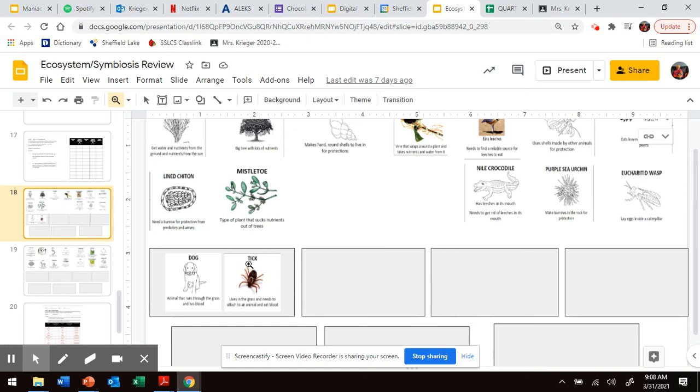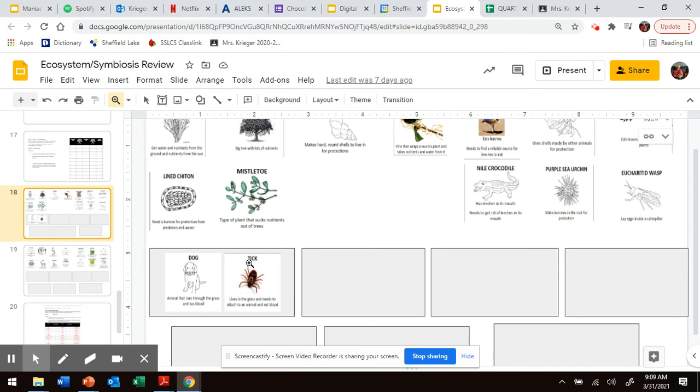The reason the dog and tick go together is I saw an animal that runs through the grass and has blood. Then you have a tick who lives in the grass. So they're both living in the same habitat, with grass. One has blood, the other one needs blood. So I paired these two together.